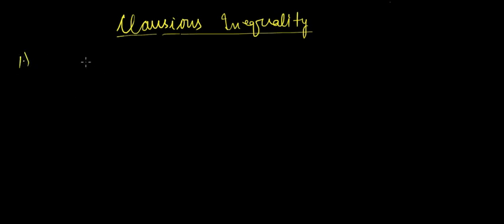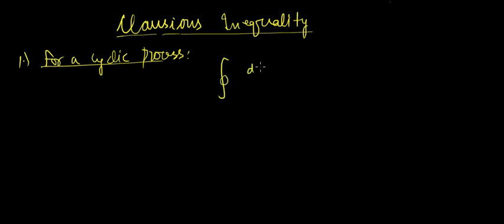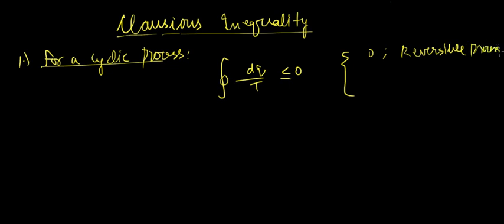First, for a cyclic process, we can write that the closed integral of dq by T is less than or equal to 0. It would be 0 for a reversible process and less than 0 for an irreversible process.